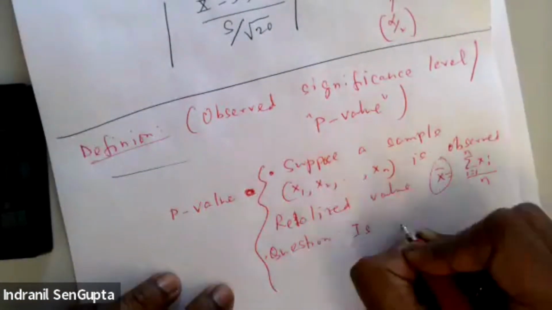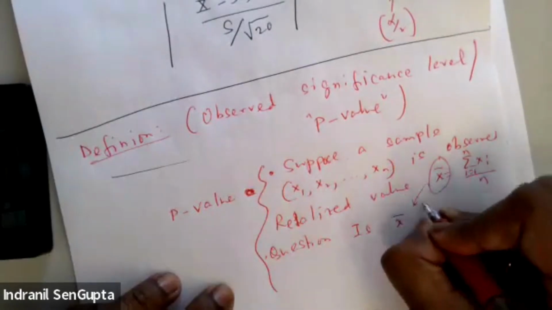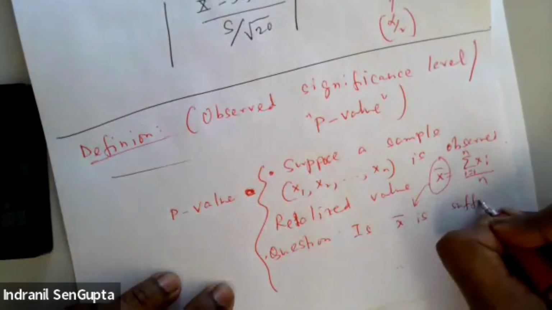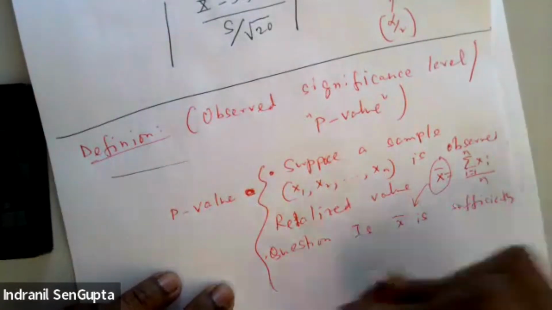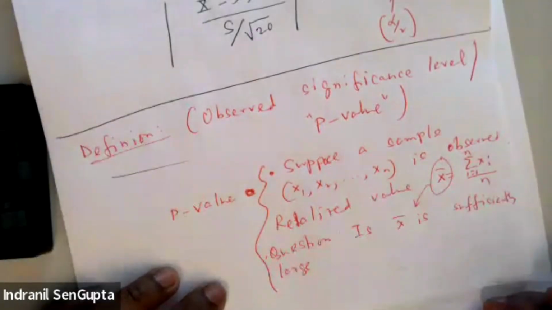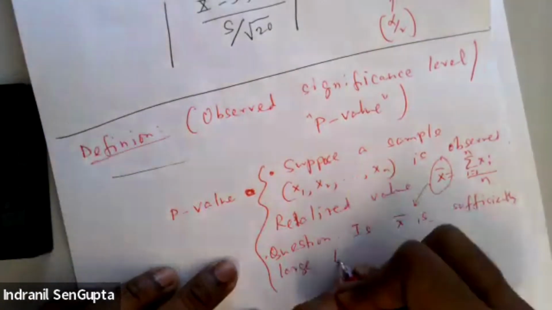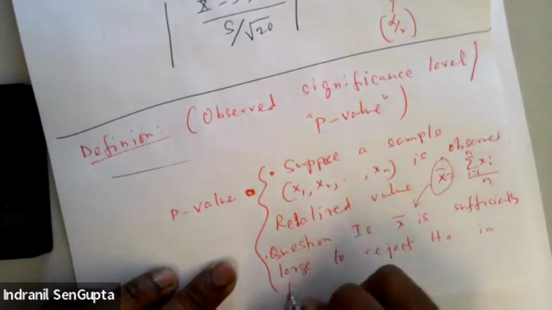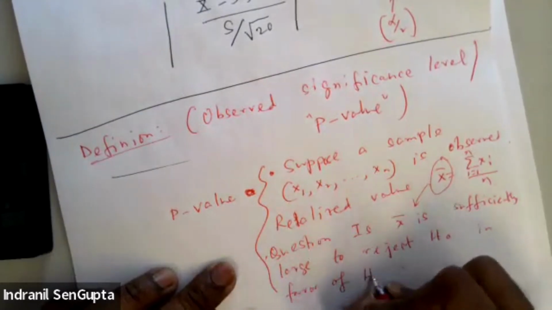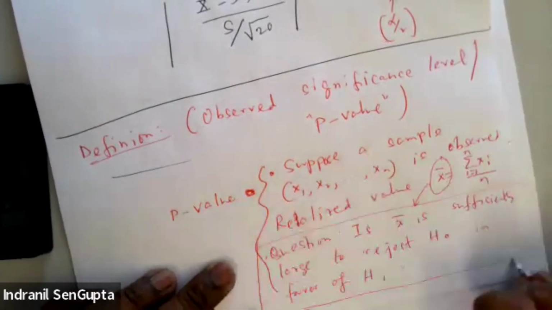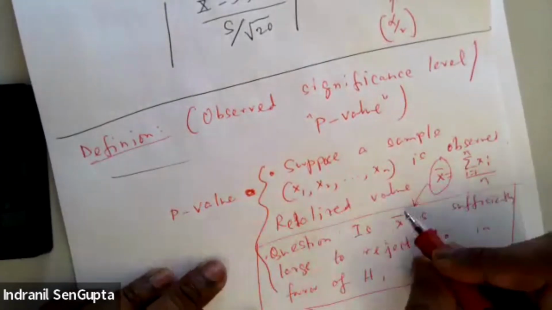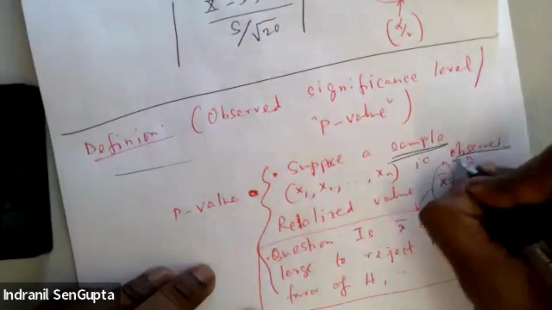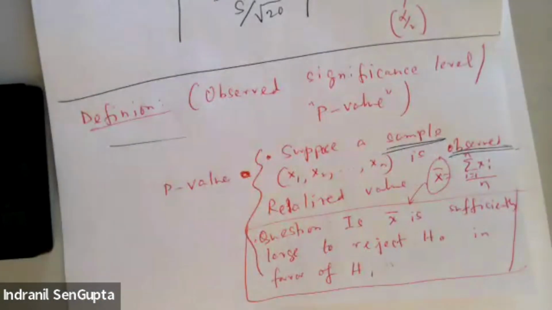So the question is, this X bar is obtained from the sample, is it sufficiently large to reject H0 in favor of H1? This question is solely asked based on the sample. So the sample is observed. That's the key thing. It's after the sample is observed.